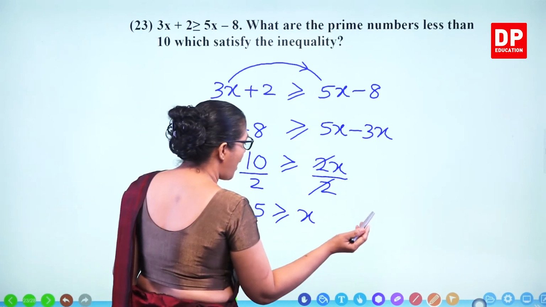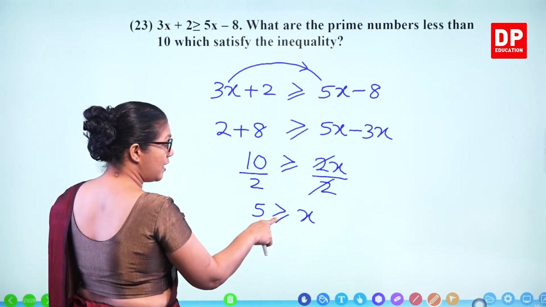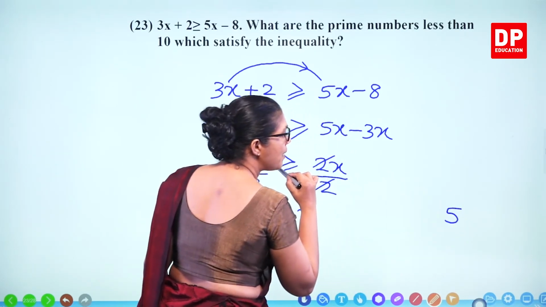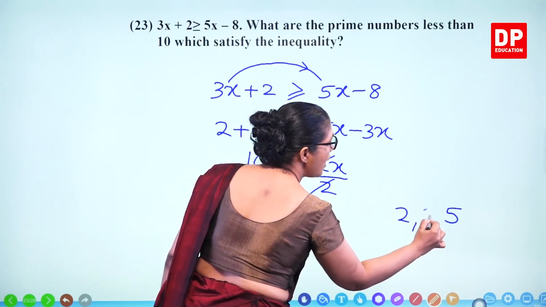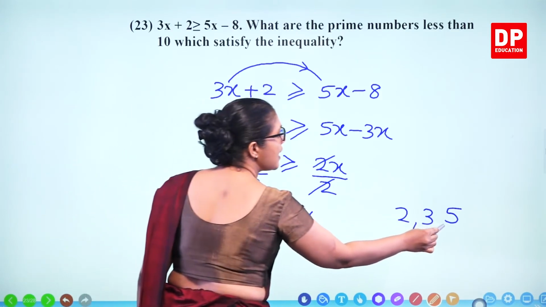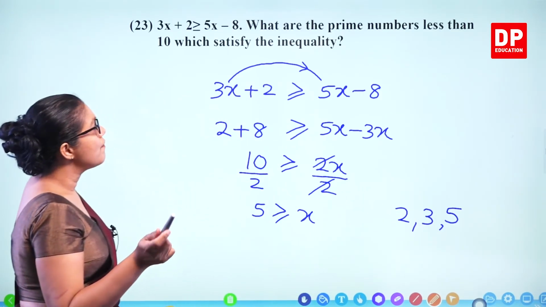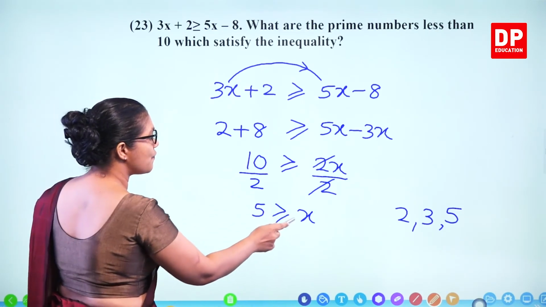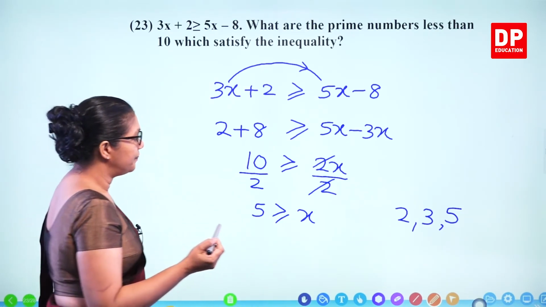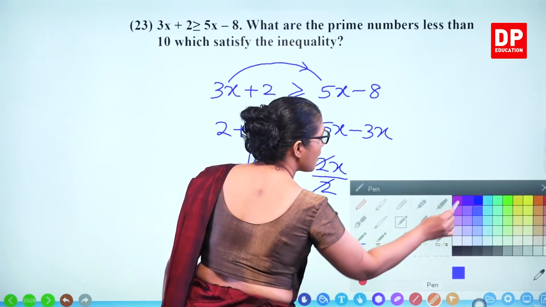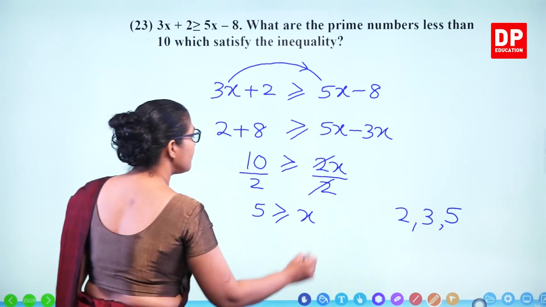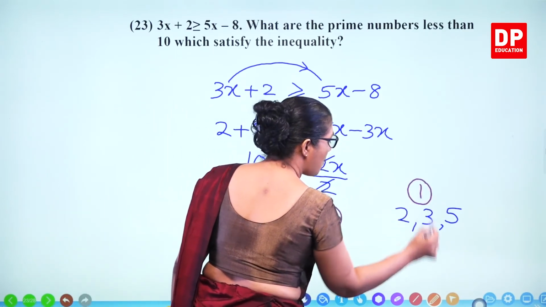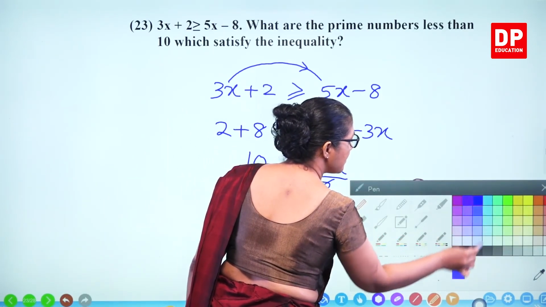So what are the prime numbers less than 5? Equal to 5 also, so 5 is included. 5 is a prime number. So you can take 2, 3 and 5. Those are the prime numbers that satisfy this inequality. You get 1 mark for this inequality and 1 mark for the solutions.